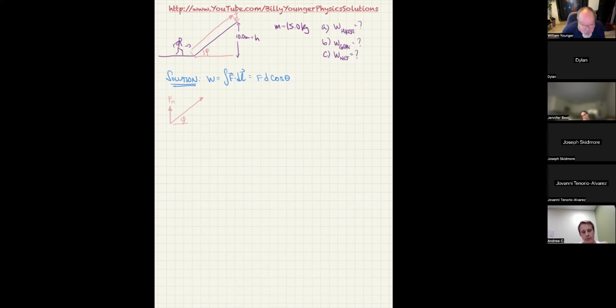That's the force due to the hiker. I'm going to make that a green vector because it's pointing in the positive y direction. So that's the force due to the hiker. I'm going to say we also have a force due to gravity, which is this way. That'll be mg. And that's pretty much the only forces acting on it.